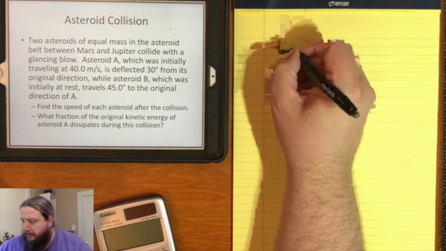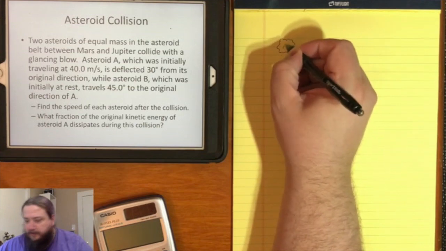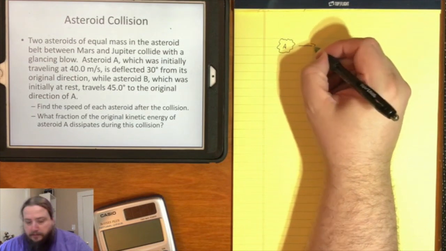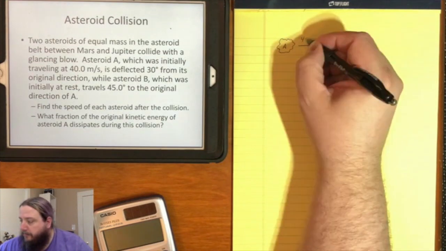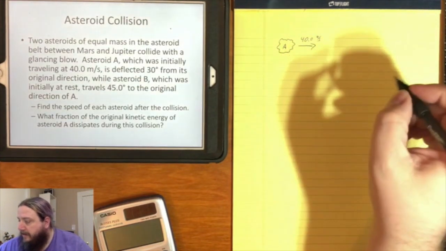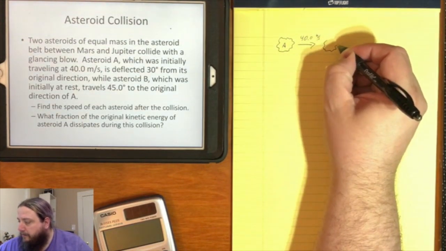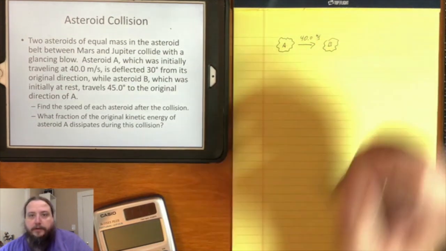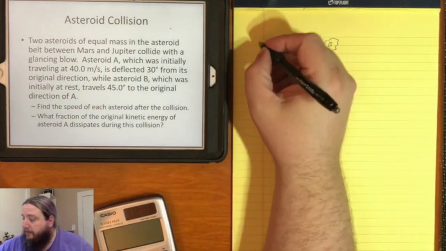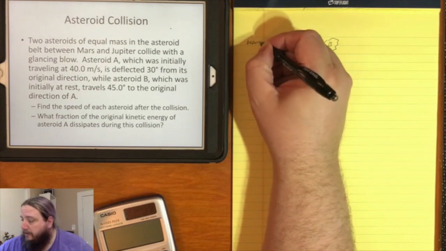So here we have asteroid A, which is moving at 40 meters per second, and asteroid B, which was initially at rest. So this is our before picture.